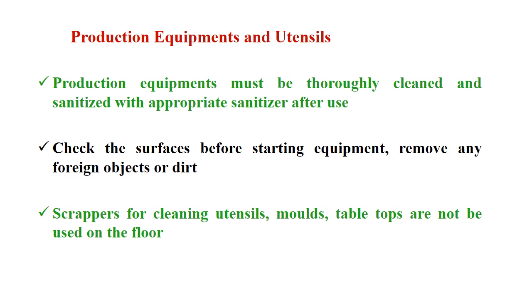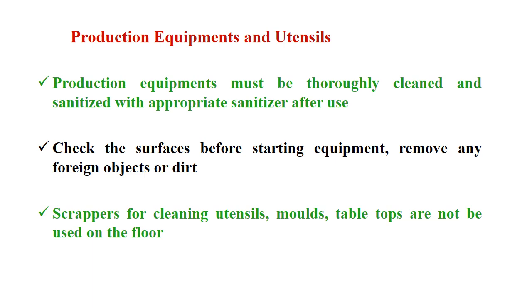Here we will see some of the production-related equipment and utensils and their maintenance related to GMP. The production equipment must be thoroughly cleaned and sanitized with appropriate sanitizer after use. We have discussed this thoroughly in a separate lecture about the cleaning and sanitation of every aspect of the dairy plant or food plant. Then check the surfaces before starting equipment.